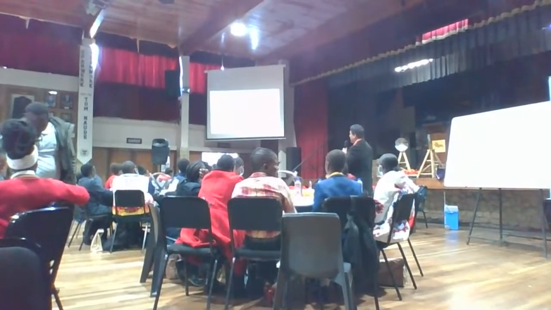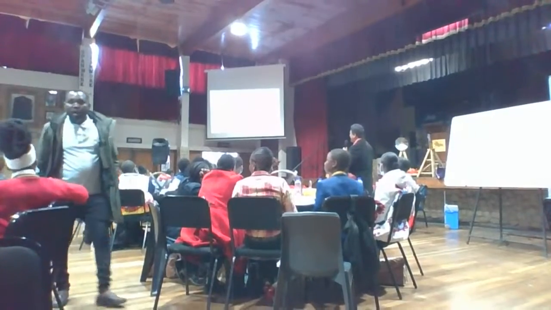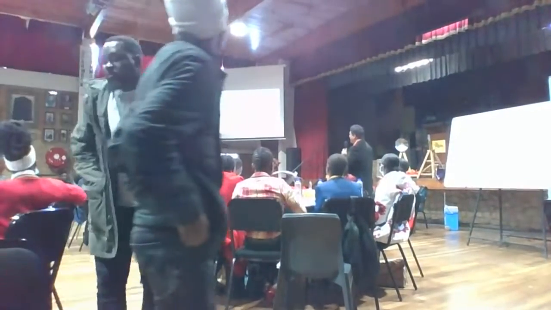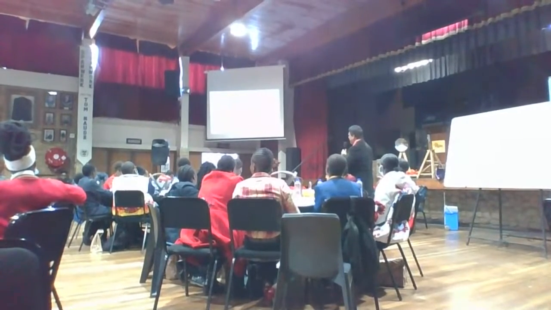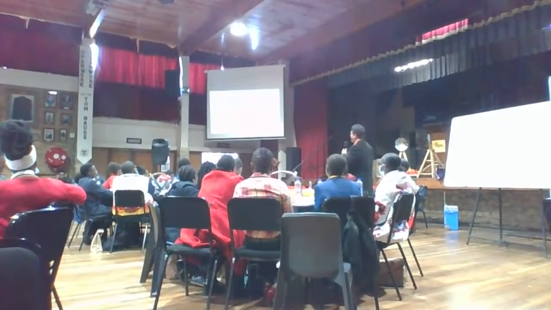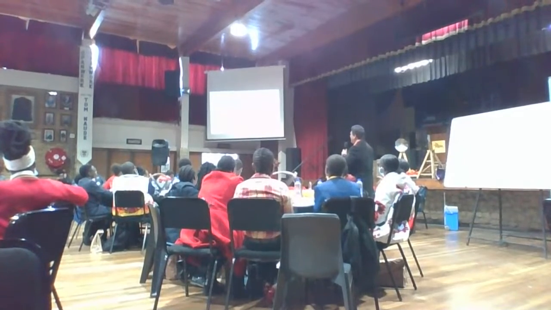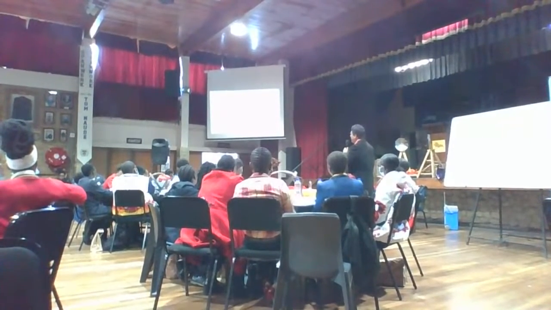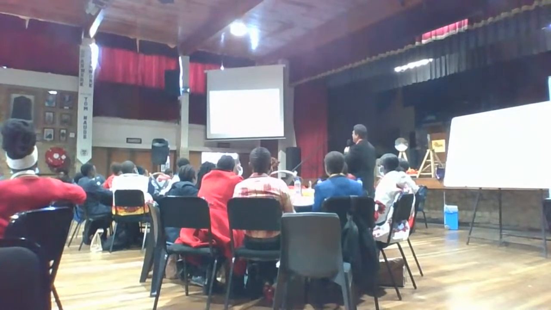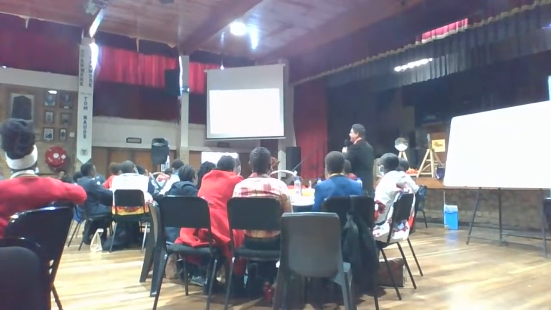So you have to watch the pointer. AD over DB. You see that? AD over DB. And then I've got here AE over EC. And if you write in the values, AD over DB is 1 over 3, all right?